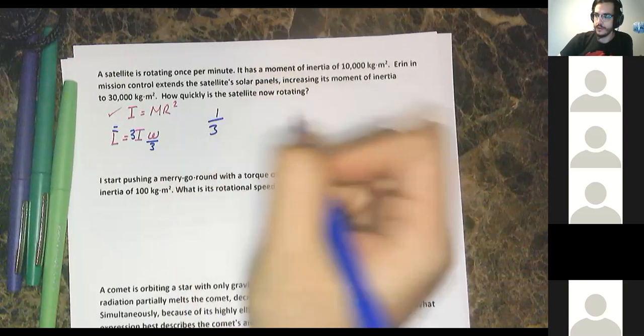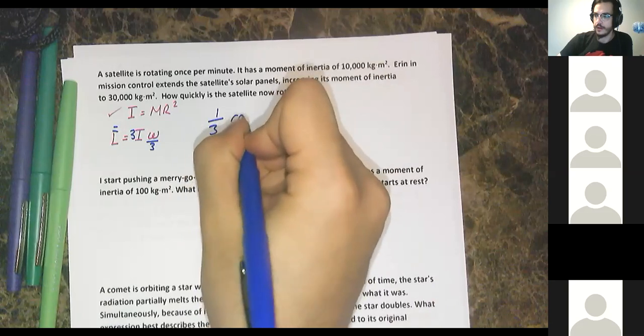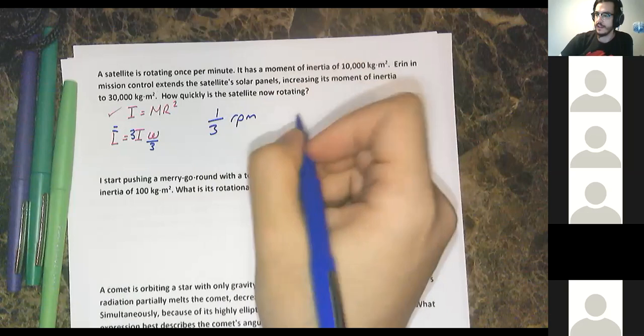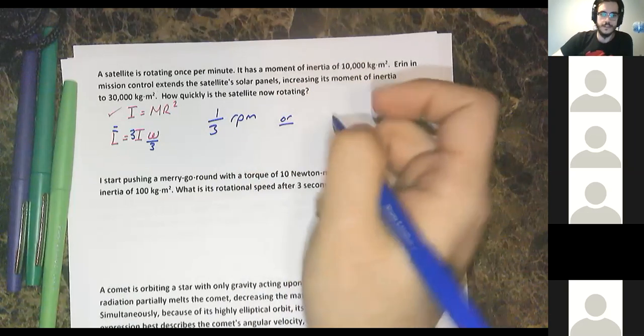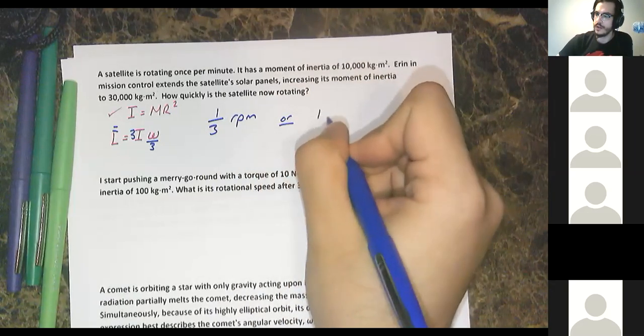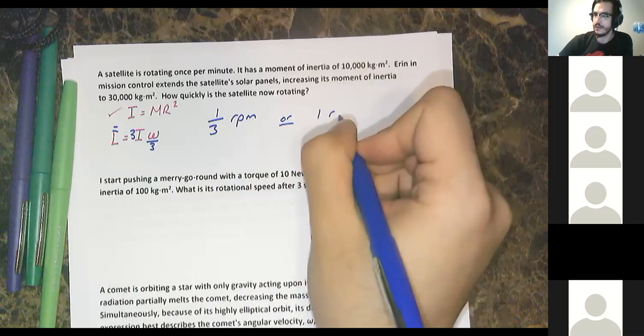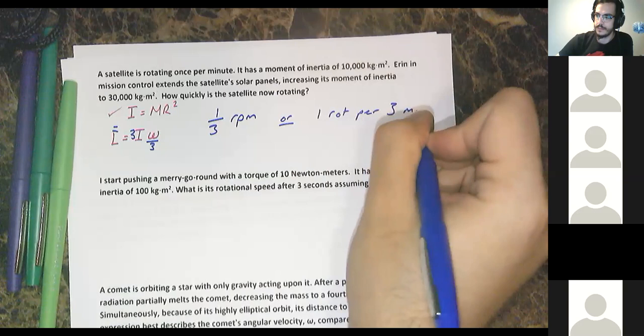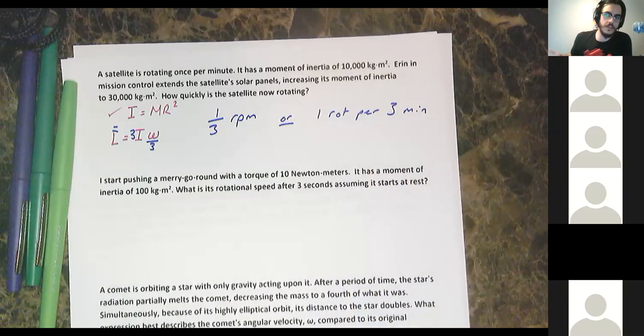So 1/3 RPM, or another way of saying that, same thing, just one rotation per 3 minutes. You might have phrased it either way.